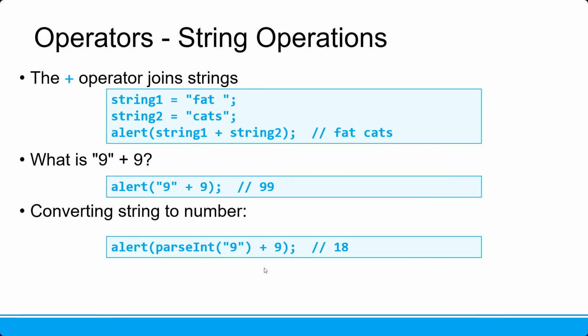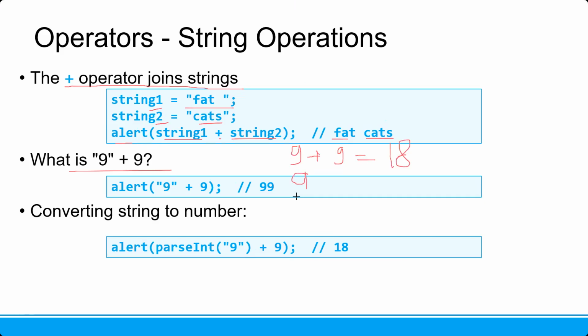We can use some operations like string operations. So the plus operator joins strings. For example, the string 1 is pet, the string 2 is cats. So I want to do string 1 plus string 2. So the result will be pet cats. Now I want to show 9 plus 9. What is the result? 9 plus 9, it shows 18.